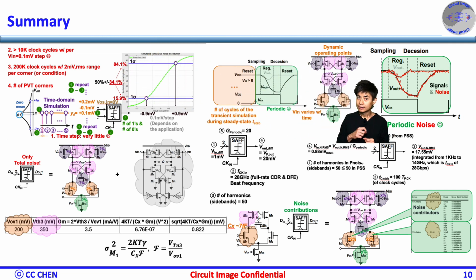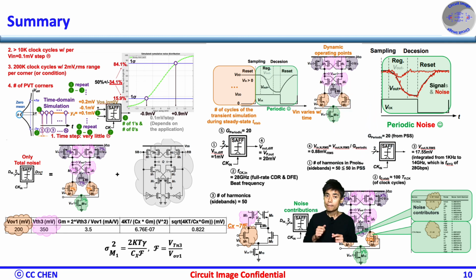On the other hand, the PSS plus Pnoise not only reduces the simulation time, but also provides the noise contributor list, such that any designer knows where to optimize the noise reduction effectively.